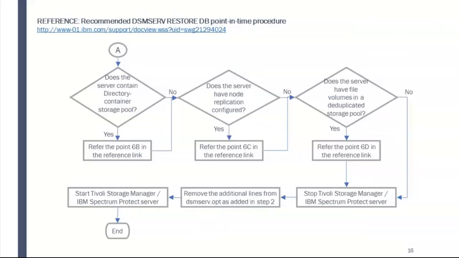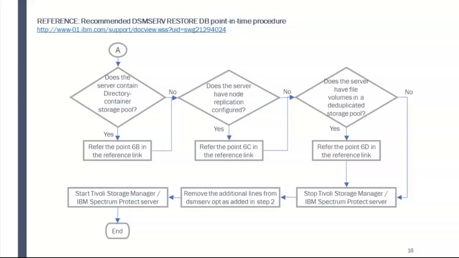The reference link is given in this slide on the top. For specific configurations, there are some special steps to be taken which are given in this reference link. If there is no damage, then we check if you have a container pool. If you have the container pool, then you can go ahead and check the 6b reference document.